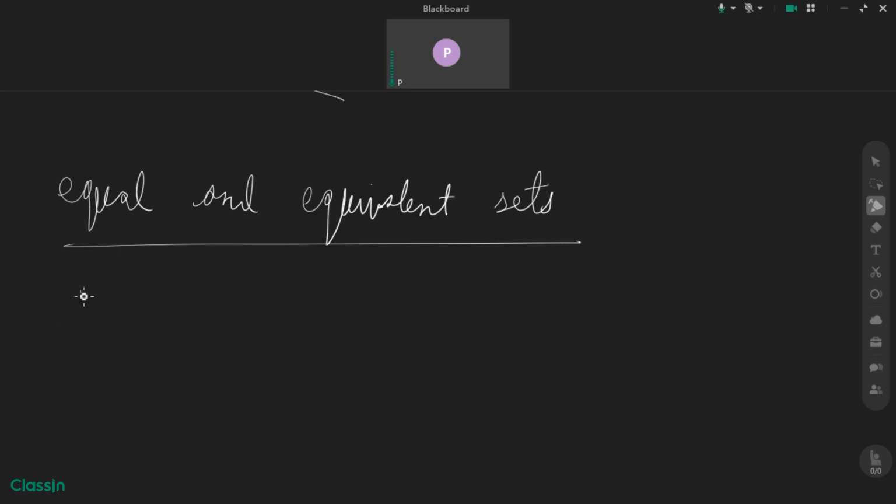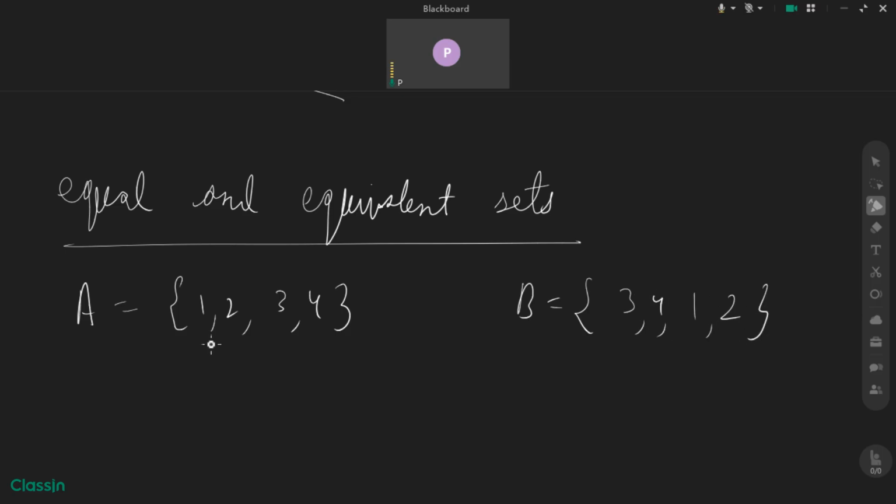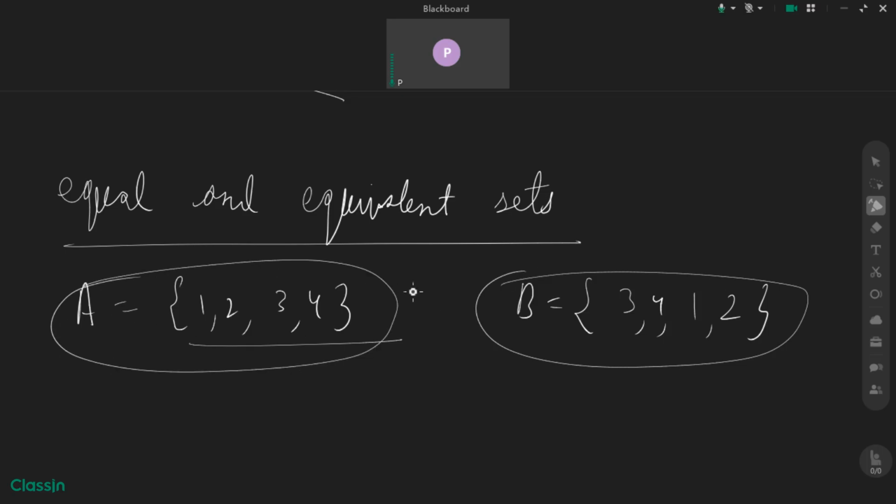Let us say I take set A equal to 1, 2, 3, 4, and set B equal to 3, 4, 1, 2. I see that it has the same 1, 2, 3, 4. So if two sets have the same elements, they are equal.